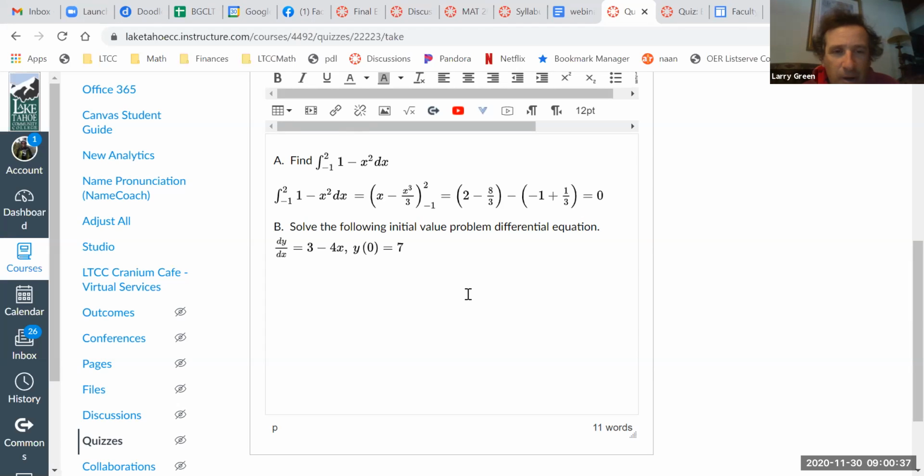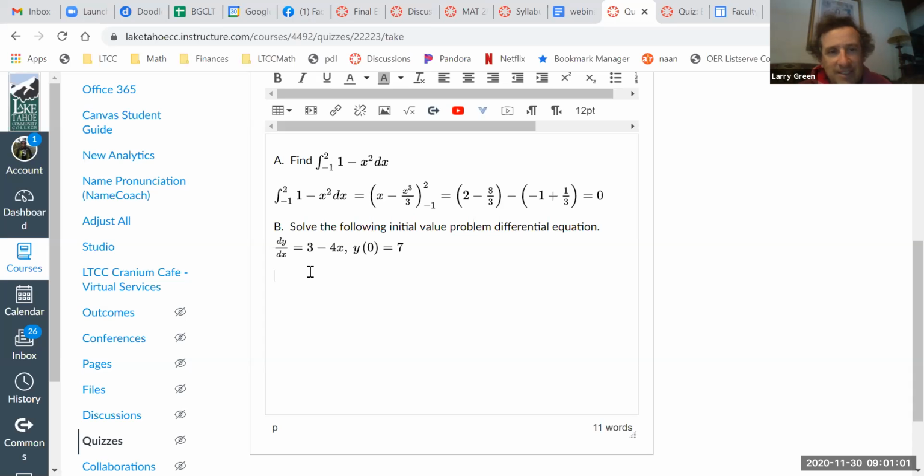Okay, then there's part B, and this is solve the initial value problem differential equation. So this says dy over dx is equal to 3 minus 4x, and y of 0 equals 7. All right, so the idea here is it's very similar to part A, but there's a couple little differences.